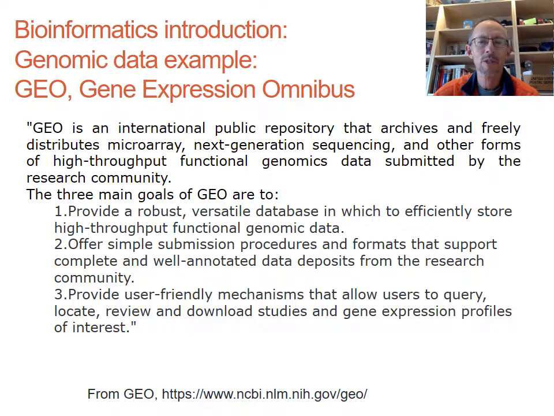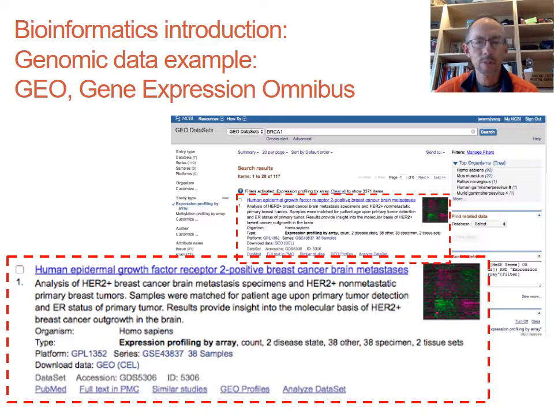GEO, the Gene Expression Omnibus, is a public repository for data sets of gene expression data. So experiments which are carried out throughout the world are archived at GEO and available for searching. Gene expression studies typically look at gene expression levels in one tissue relative to, say, normal tissue.